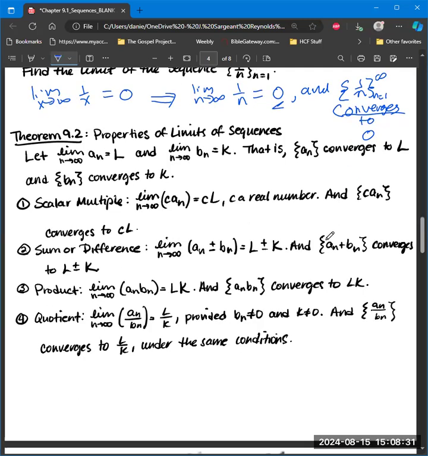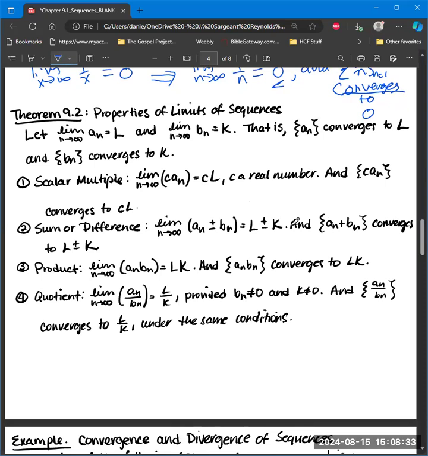Properties of limits and sequences. So we know properties of limits here. Let the limit as n goes to infinity of a sub n be equal to L, and the limit of b sub n as n goes to infinity be k. That is, sequence a sub n converges to L, and sequence b sub n converges to k.